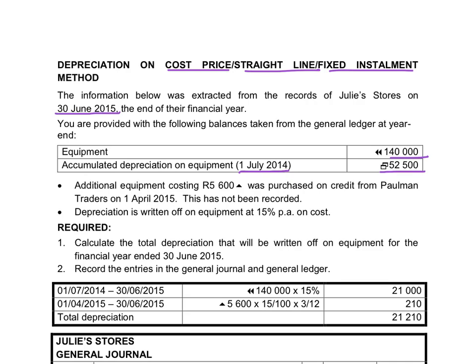To determine if this equipment is the closing balance or the opening balance, you will have to read the additional information. Additional equipment costing 5,600 was purchased on credit on the 1st of April 2015, and this has not been recorded.